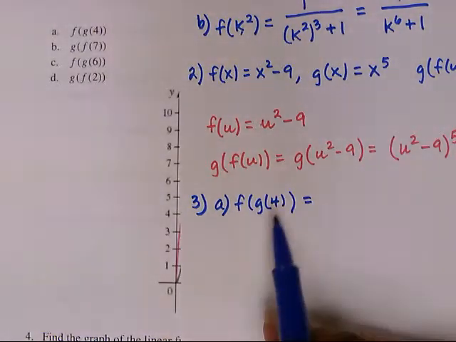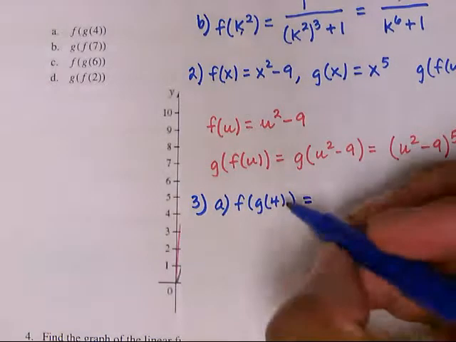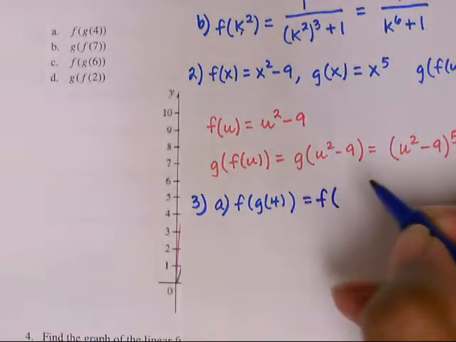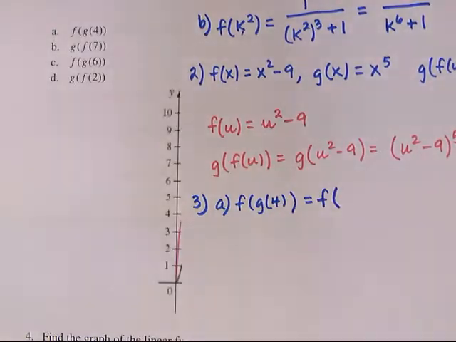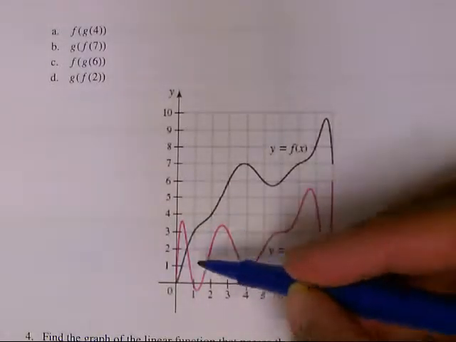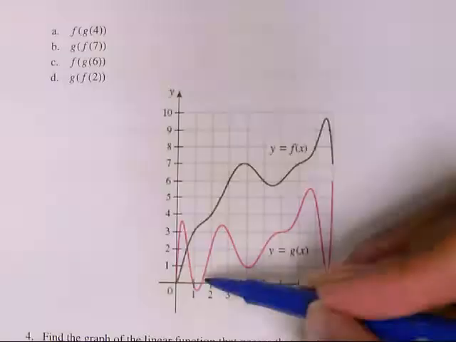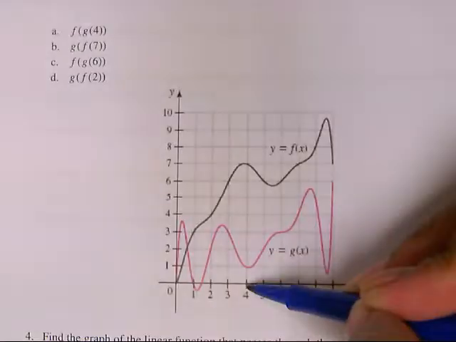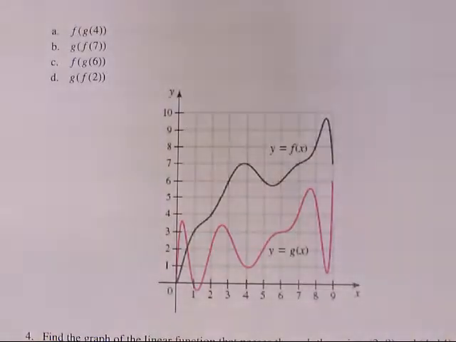Okay, now what's on the inside is g of 4. We need to find out what value g of 4 is, and then whatever that is, we can find out what f of whatever that value is. Let's start off with g of 4. Here's my g of x, that's this red graph that you see here. And we find out what the y value is at x is equal to 4. So at 4, it's going to be 1.